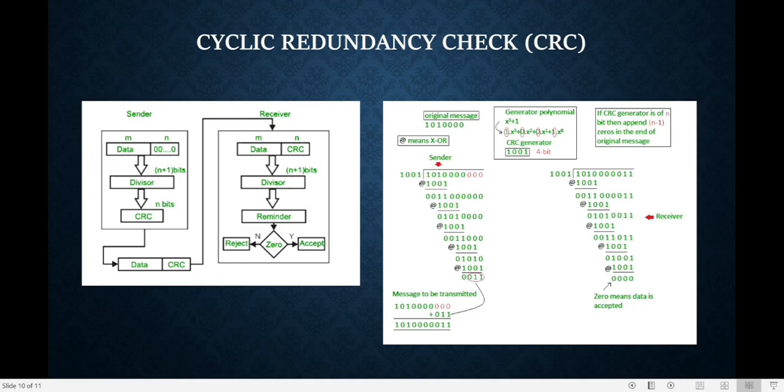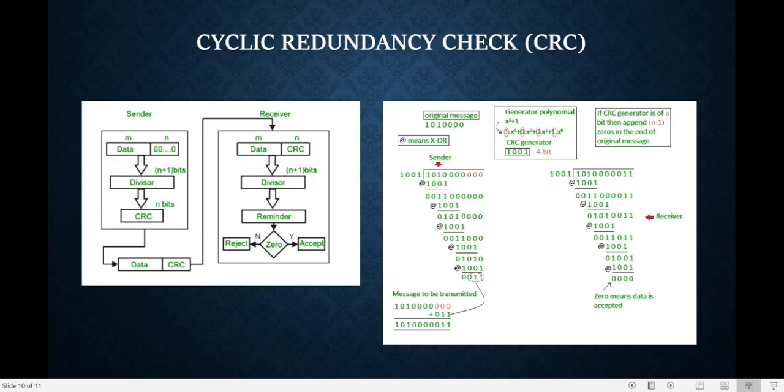The functionality of the CRC checker is similar to the CRC generator. When the string 1010000 is received at the receiving end, the CRC checker performs the modulo 2 division.